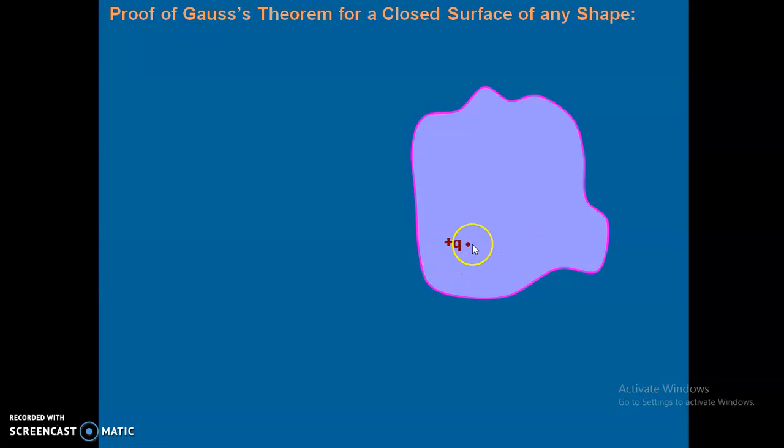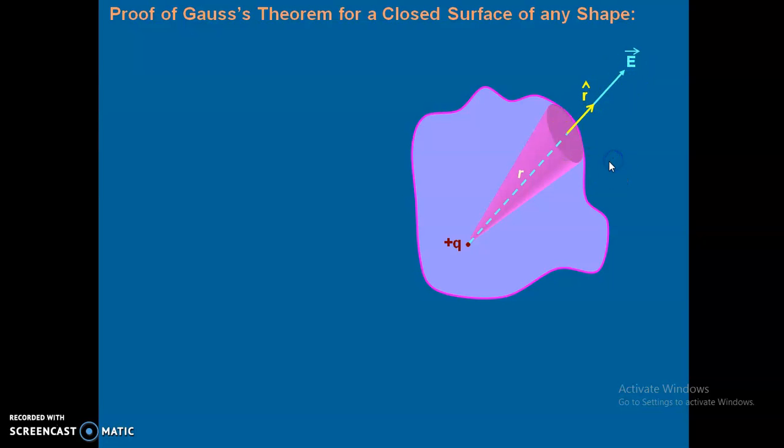Suppose a positive charge is situated over here at this point, and we have taken a small area over here. Again the electric field intensity is in the outward direction because of this positive charge, and vector r cap, the position vector of this particular surface, is taken in the same direction as the electric field intensity, outward.